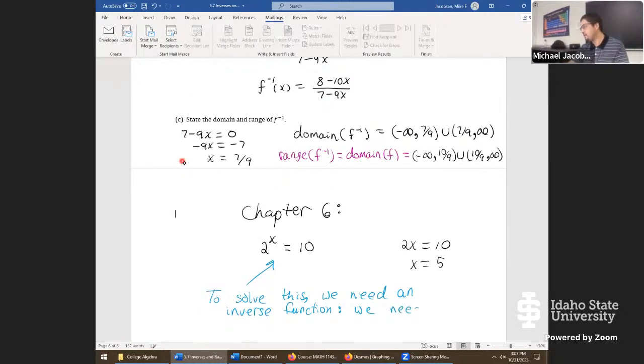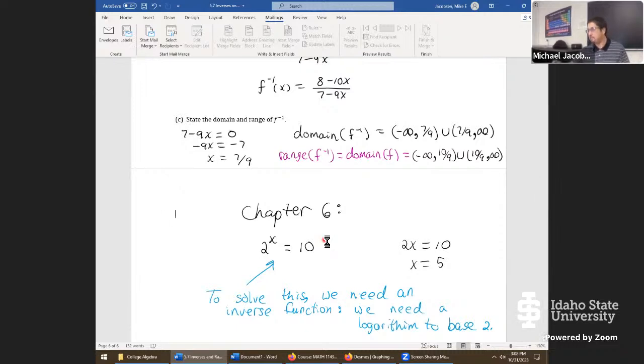We need a logarithm to base 2. Or really any logarithm would work, but logarithm base 2 is specifically the inverse of that function right there. So that's pretty much what the rest of the notes are going to be about in chapter 6. Dealing with that as a function and the logarithmic functions that are going to help us to solve this equation here. Well, any questions at all, folks, before we take a look at these?